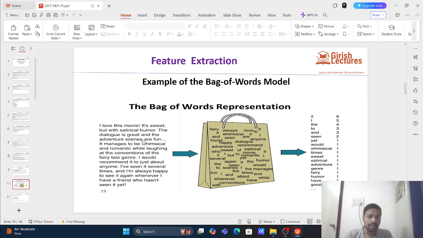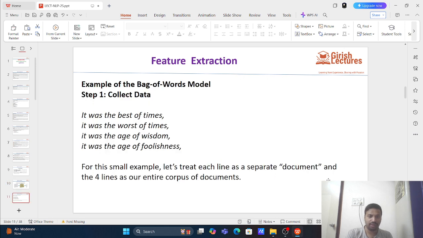There are some important words like movie, sweet, fun, humor, satirical, romantic, conventions, fairy tale, and happy, and have a friend. These are some of the very important words. First of all, we should identify all the individual occurrences in this topic, and how many times they occurred. We'll see a detailed example.